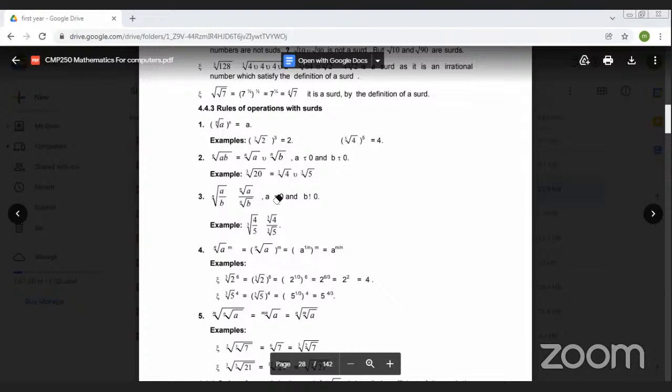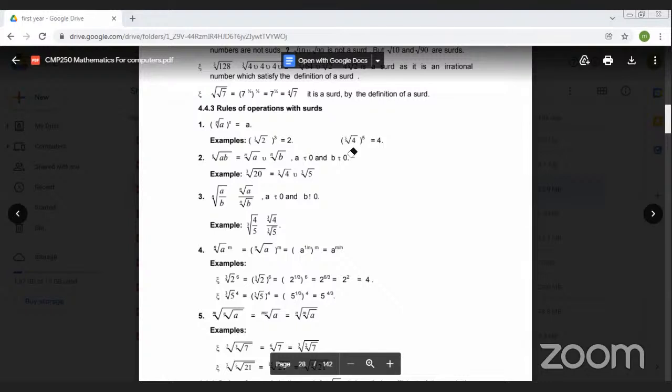Here, the value of b should be what? It shouldn't be equal to 0. If it was 0, then what will happen? See, the condition for us is what? The under root value should be what? A rational number.